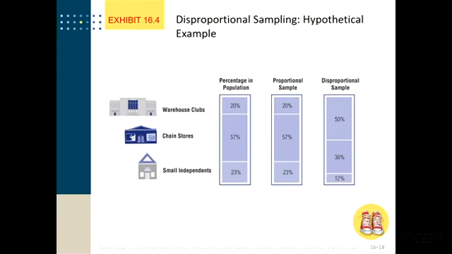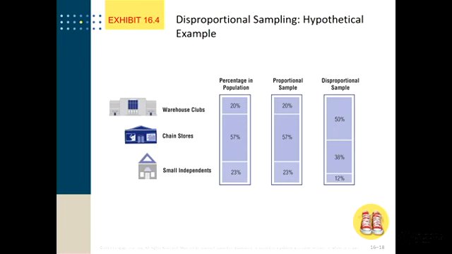You can see one is warehouse clubs, then chain stores, and finally the small independent stores. Now, in our entire population, the proportions are like this: 20%, 57%, and 23%. That means 20% warehouse clubs, 57% chain stores, and 23% small independents. So that's the actual population.